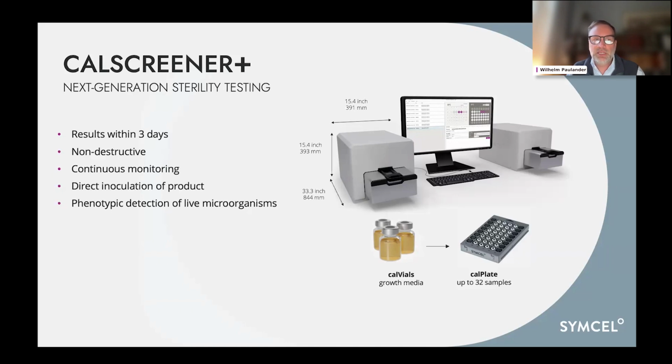The method itself on the sample is non-destructive, so it totally passively measures the sample during the incubation time. And after the incubation is done and you have detected, for instance, a contaminant, you can do any type of identification. Could be with 16S RNA, full genome sequencing, or MALDI, for instance.